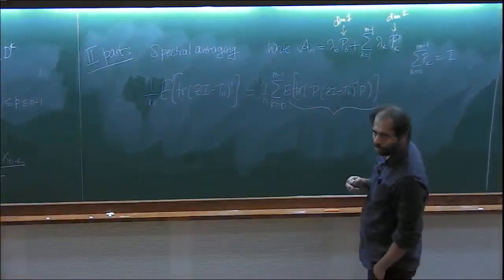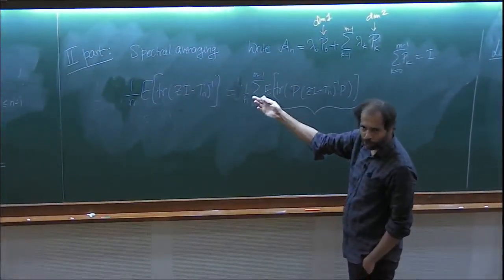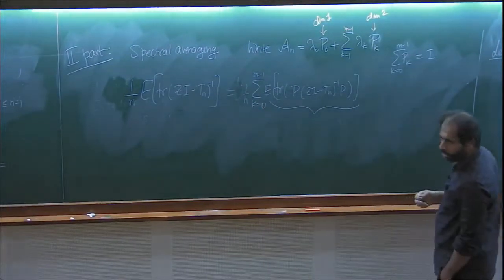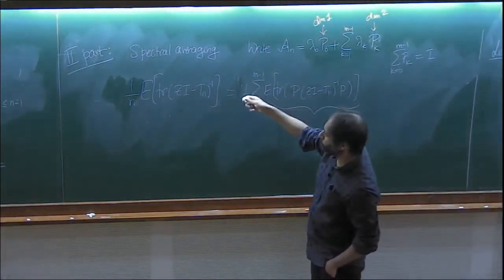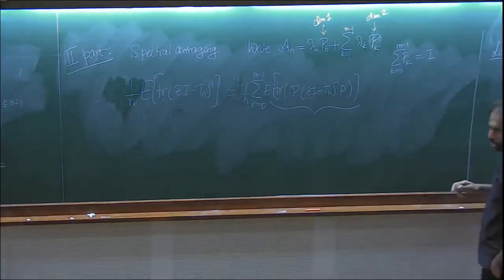You just have to show each of these is uniformly bounded. I want to get a bound which is independent of n and z. So it is enough that I get a bound for the kth term which is independent of n and z, then the same will hold because I'm averaging the m minus 1 of them. m is about half of n, so it's the same.